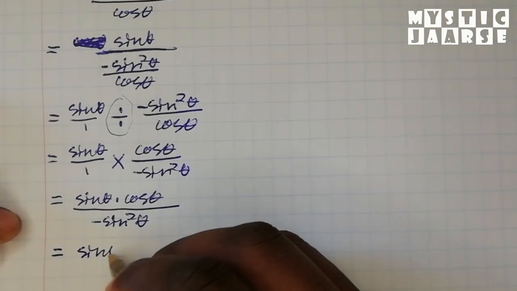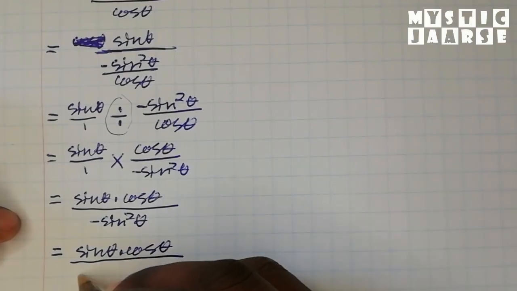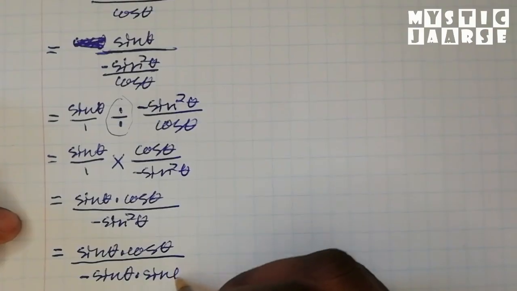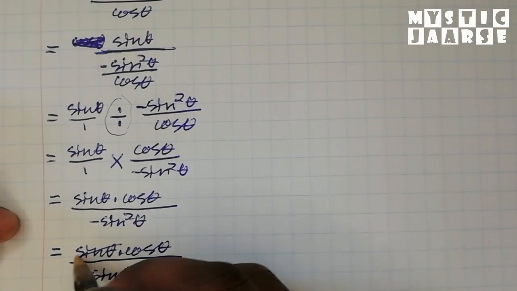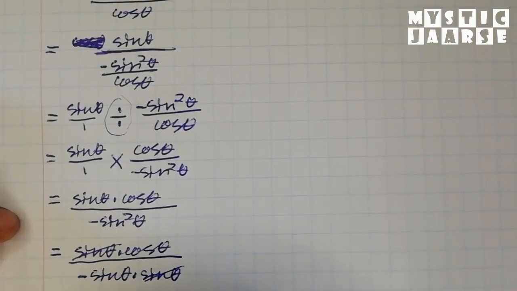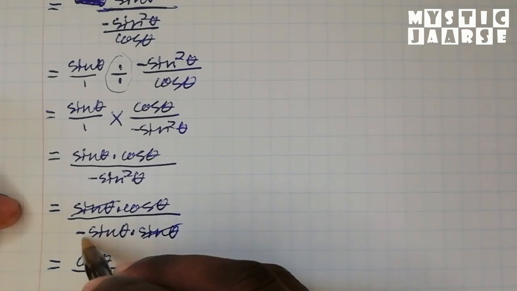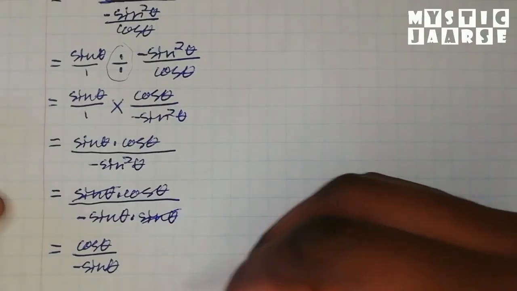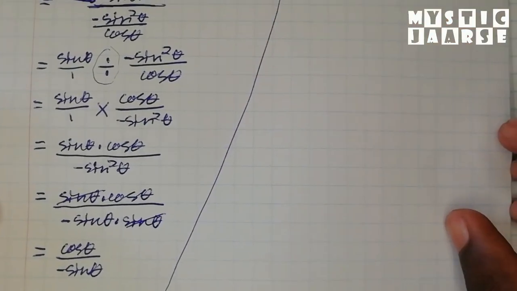So we have sine theta multiplied by cos theta divided by negative sine theta times sine theta. So this is similar to this. This sine is going to cancel with this sine and we will be having cos theta divided by negative sine theta. Now this is where one of our identities is going to be involved.